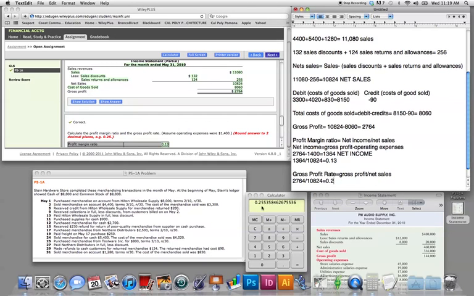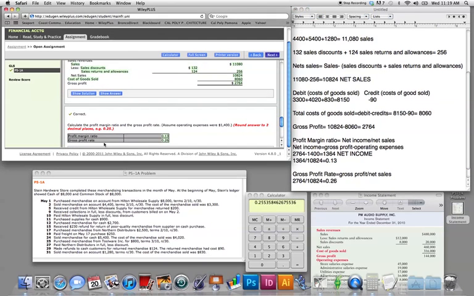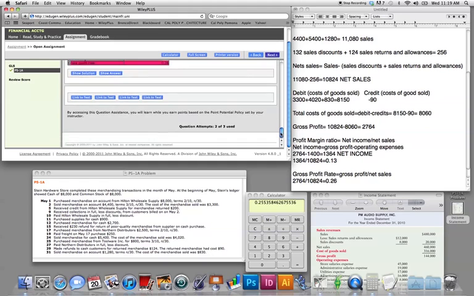Now we have to round again, so the 5 makes the other 5 round up to a 6, so it'd be 0.26, and that's what we got. So this is our gross profit rate, and that is the end of the problem.